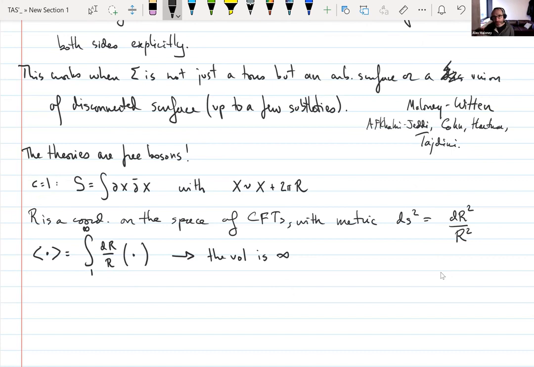And so you couldn't really use that to define a nice probability distribution. Why do I say that? Because you would want to define a probability distribution by normalizing everything so that the average of 1 is equal to 1. That is to say, the integral of the probability density over the random variable should be equal to 1. You see that the probability distribution I'm trying to define at c equals 1 is not normalizable. But when c is bigger than 1, it is normalizable.